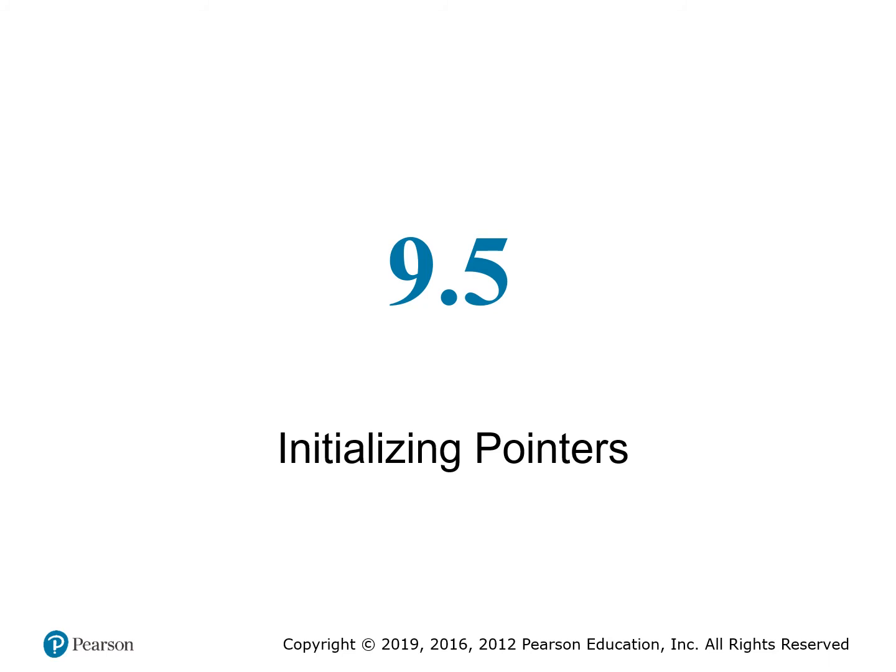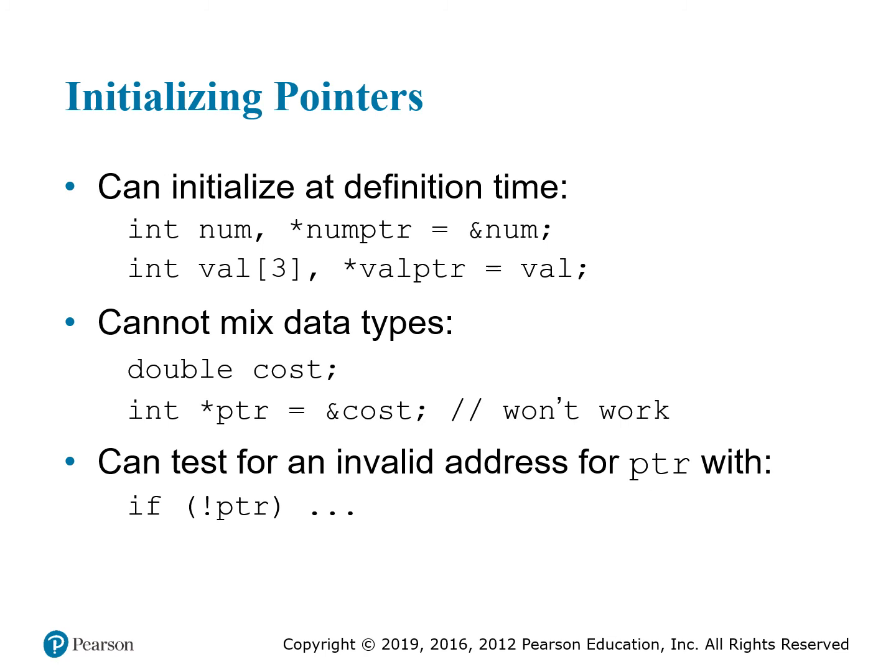Initializing pointers, we've talked about initializing null pointers before, but you can initialize a pointer using the ampersand notation. So you can say int *numPointer = &num, and that's going to make numPointer point to the memory location of num.